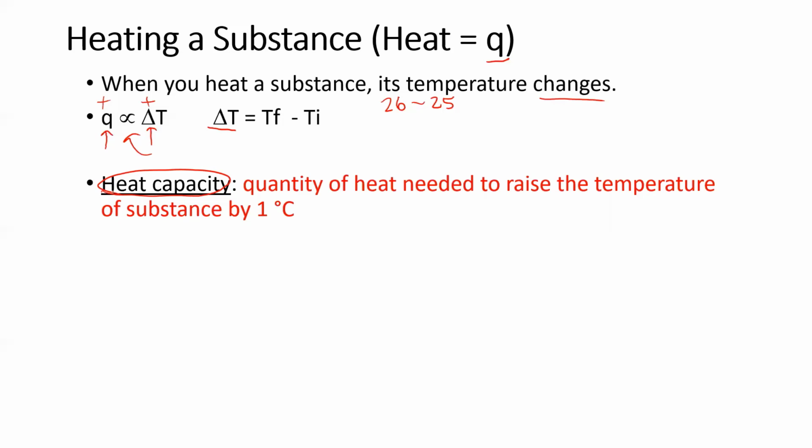So how many joules or how many calories does it take to raise this object, let's say like a bomb calorimeter, 1 degree Celsius? And that heat capacity is written as C for capacity. So we get Q equals C delta T.